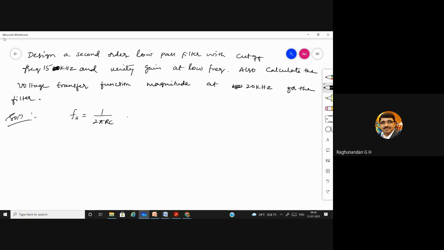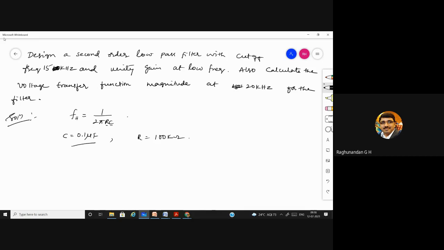You can choose R or you can choose C. You can choose even the C value as 0.1 microfarad. Let C is equal to 0.1 microfarad, or let R is equal to 100 kilo ohm.